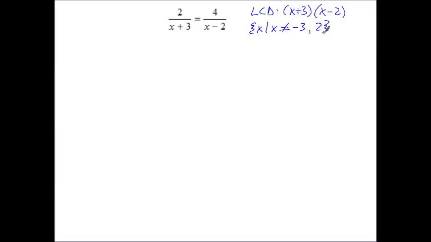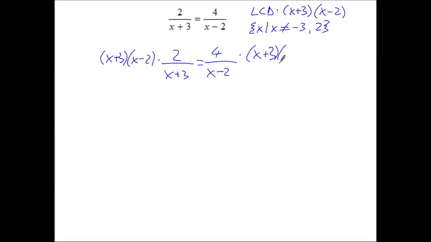And now we can go ahead and multiply each term by the LCD. And what that's going to do is, because the LCD has been constructed using all of the denominators that we could find, it will get rid of all of our denominators. So we're going to multiply x plus 3 times x minus 2 times 2 over x plus 3 is equal to 4 over x minus 2 times x plus 3 times x minus 2.